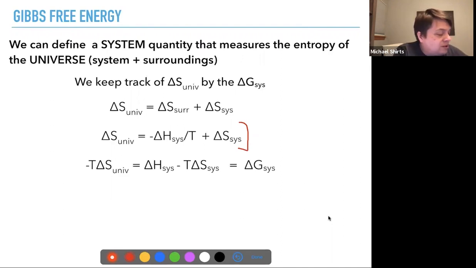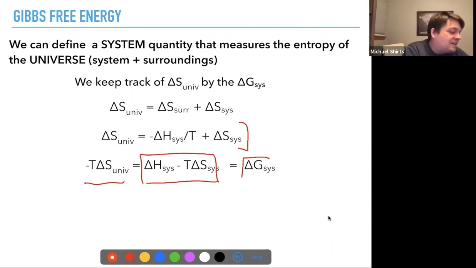And so we multiply both sides by minus T. So now we've got minus T delta S universe is equal to a relatively simple formula, delta H system minus T delta S system, and we call that the Gibbs free energy of the system. Free energy is essentially a measure of the useful work you can get out of the system. And we'll explore that a little more as we go through.